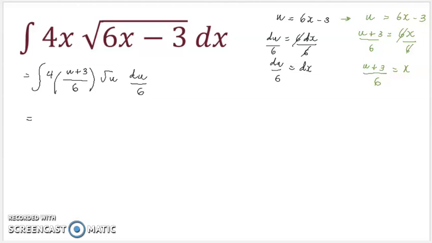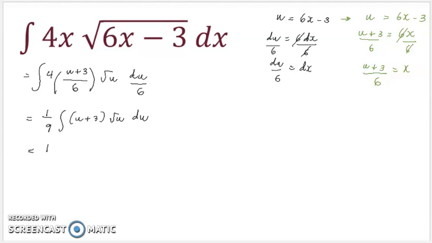Bring the constant in front of the integration. So that's 4 over 36, or we have the lowest term of 4 over 36 as 2 over 18 or 1/9. So that's 1/9, and then the integration of u plus 3 times square root of u du.